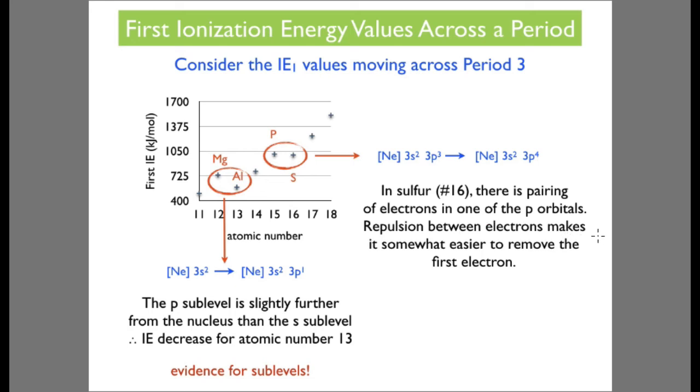Repulsion between these electrons makes it somewhat easier to remove the first electron. We can think back to the bus metaphor. In sulfur, there would be 2 strangers sitting next to each other on a seat, and one of them would be happy to leave. In phosphorus, the 3 strangers all have their own seats.